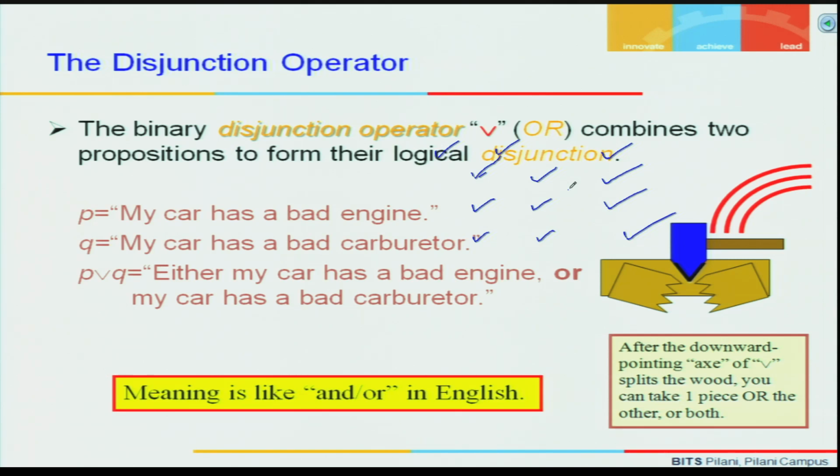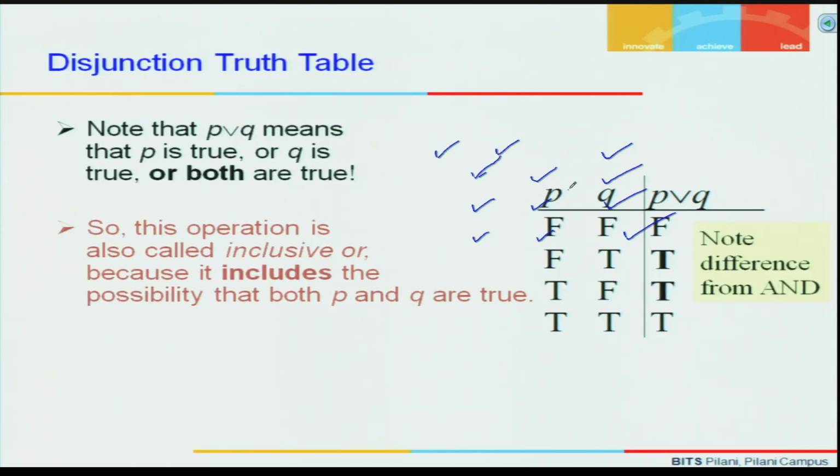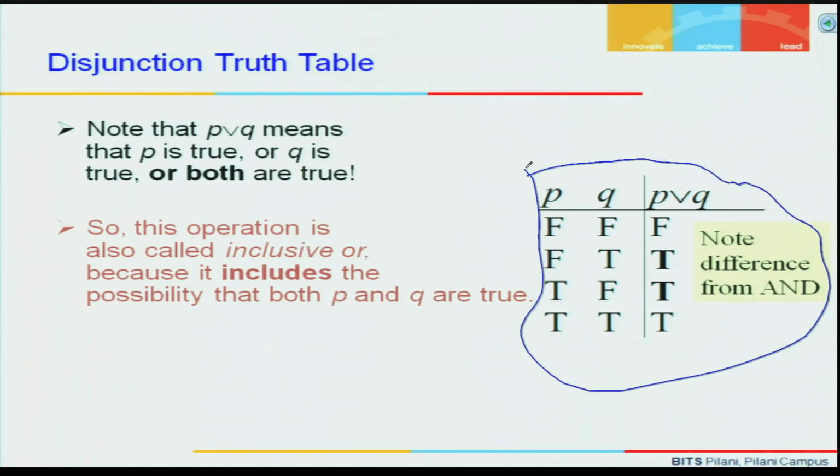However, the truth table for this OR is defined like this. Because you have got two operands, you are going to have four rows in your truth table. This is basically called a truth table. Why?